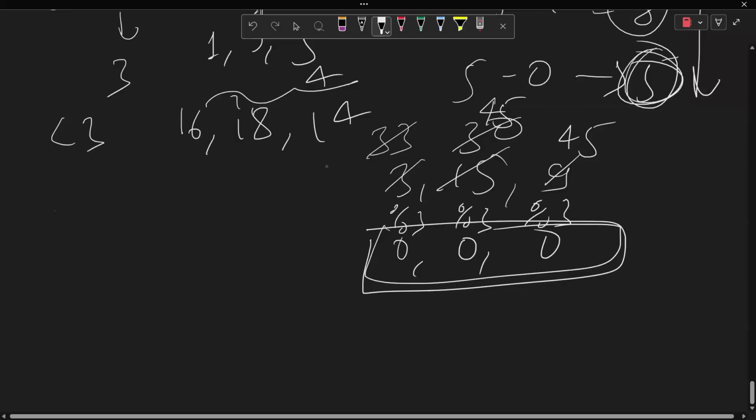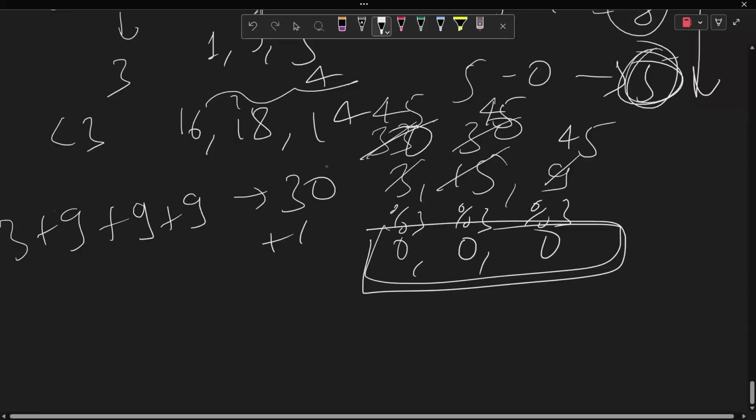Maybe you can do 60 here. So 3 times 9 would be 27, and so it would become 30. And then a 15, yeah, you can make it 45. So 3 plus 9 plus 9 plus 9 would become 30, and then plus 15, you can make it 45. So you can make all the values equal to 45 here.